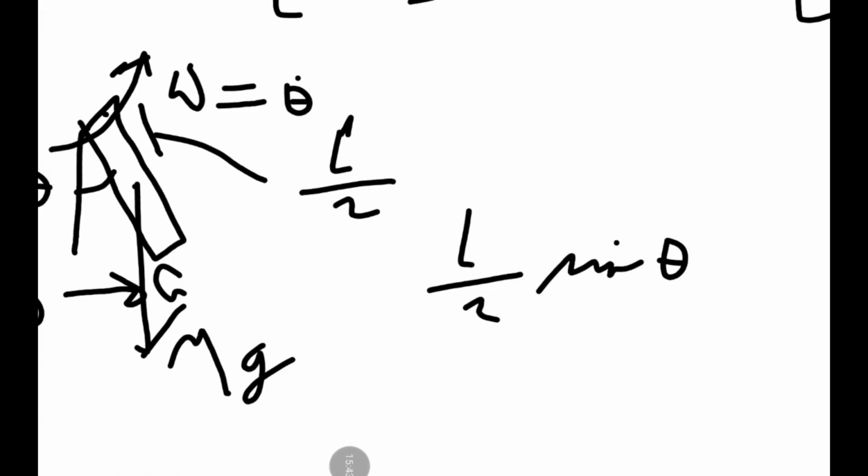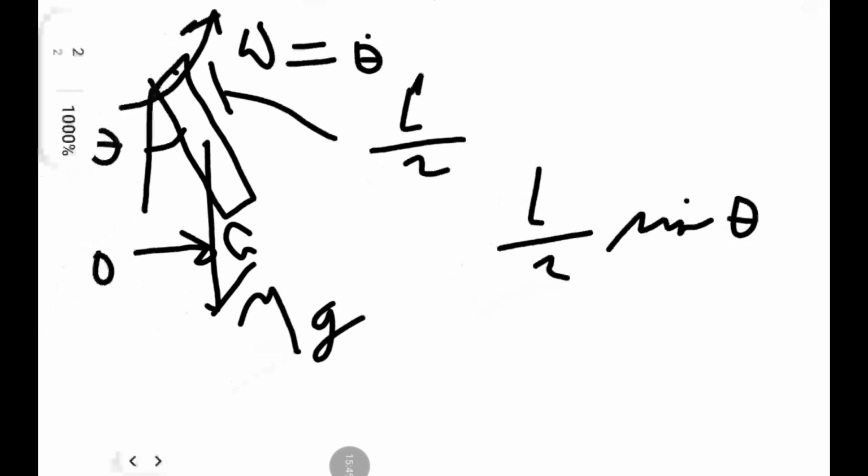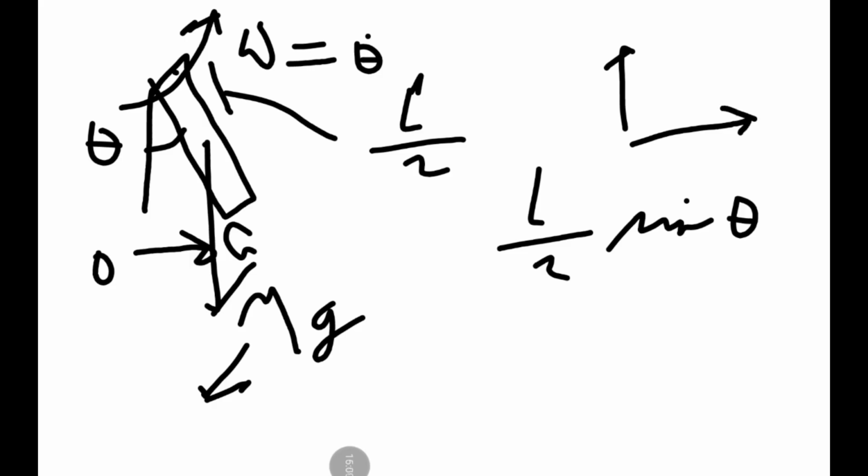Now, because gravity is pulling it this way, it's pulling the opposite way to the way that we've resolved it. We resolved upwards for y, and to the right for x.